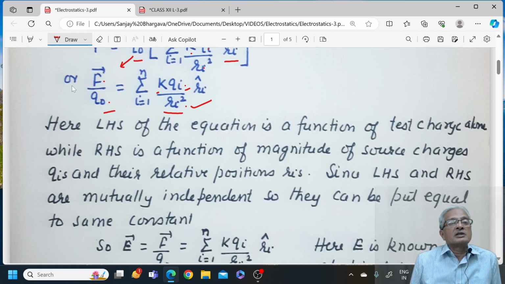LHS and RHS are mutually independent, because the LHS is a pure function of the test charge while the RHS is a function of the magnitude of the source charges and their relative positions.